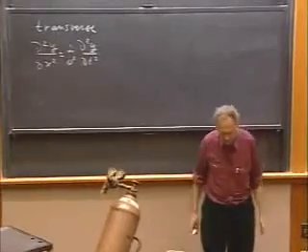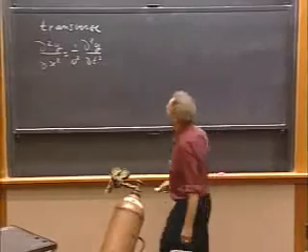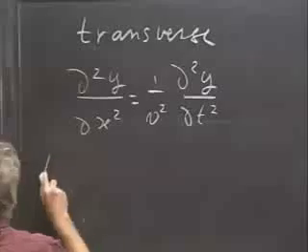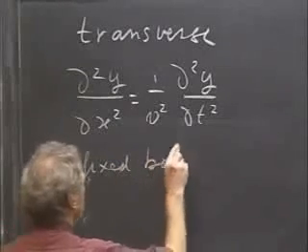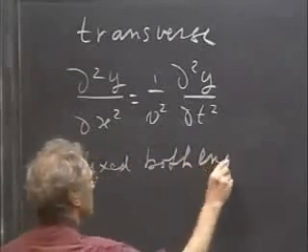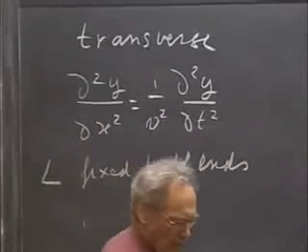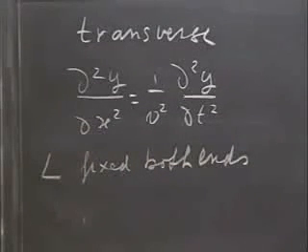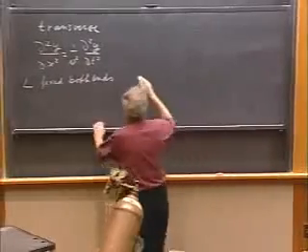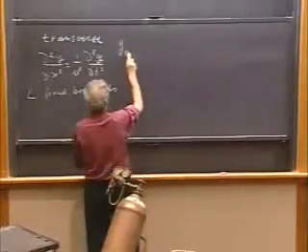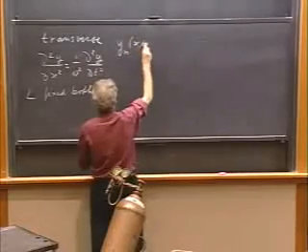So for instance, if we have a string with length L, fixed on both ends, then the boundary conditions determine the precise allowed solutions. We call them eigenstates in quantum mechanics. And I can write down the displacement y in the nth mode as a function of x and t.